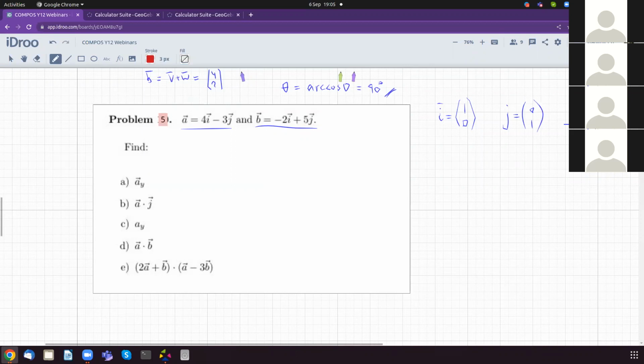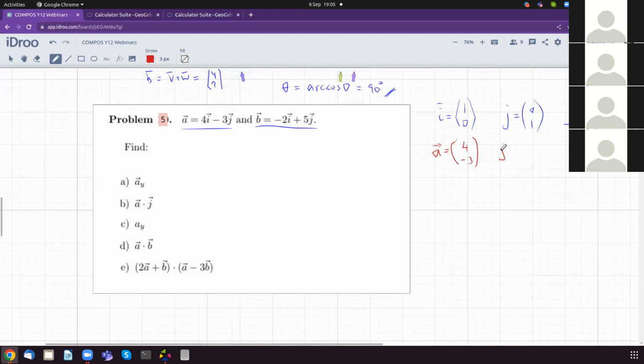So this is vector I, and this is vector J. So of course, vector A can be written as, so question, yeah, Jed, question 8 from my list or question 8 from the assignment? Please let me know.